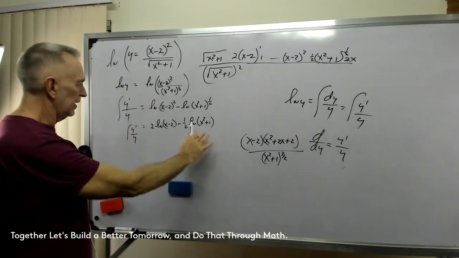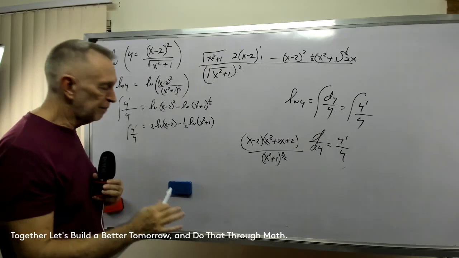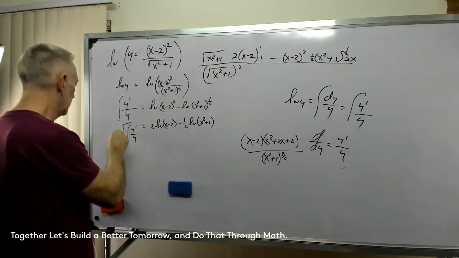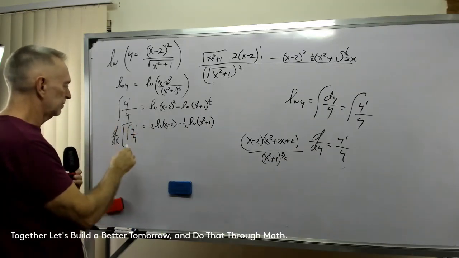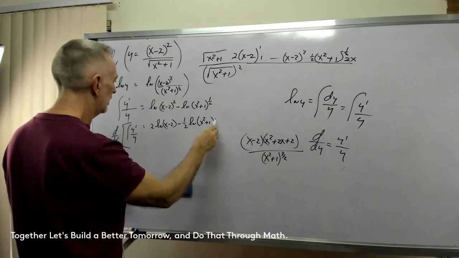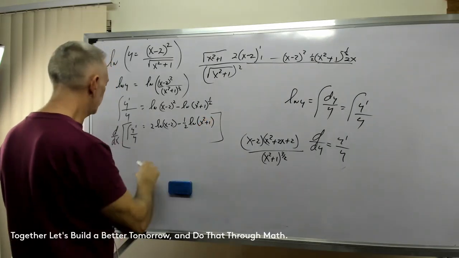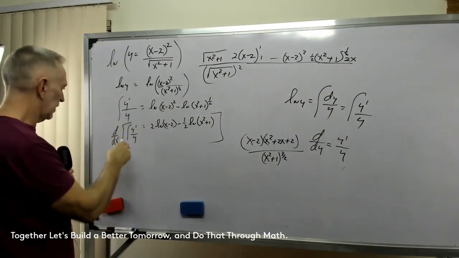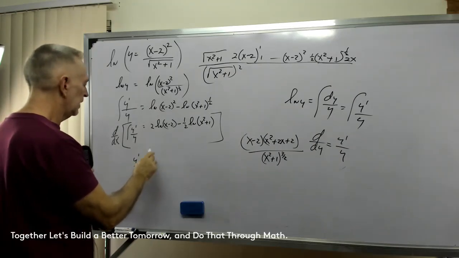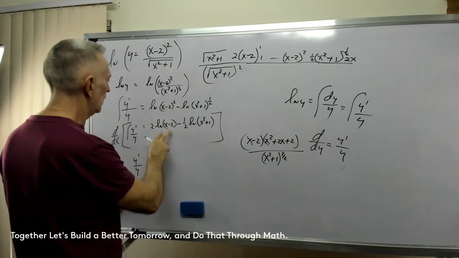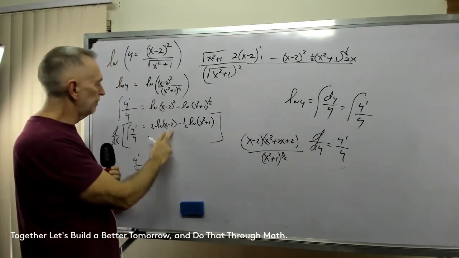Now we're ready to take the derivative of both sides with respect to x. Again, the integral sign drops off, so y prime over y equals 2 times the derivative of the natural log of (x minus 2).